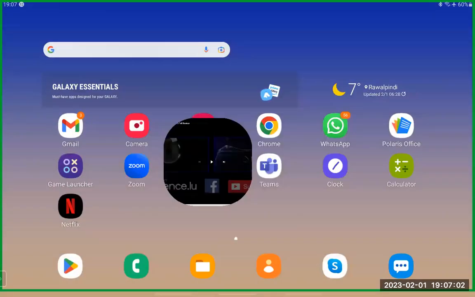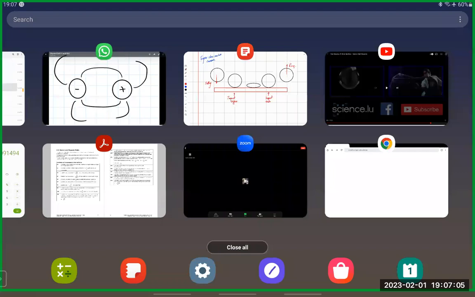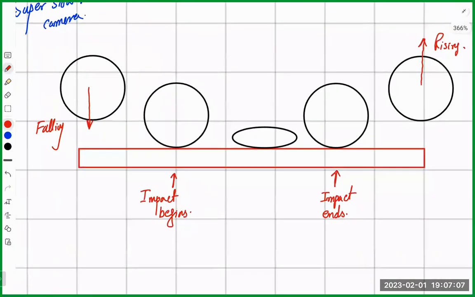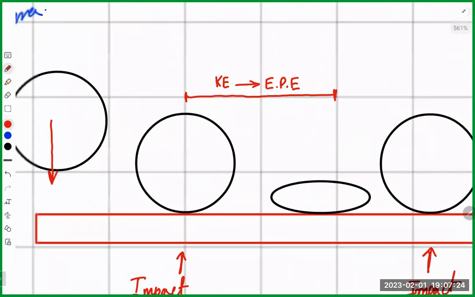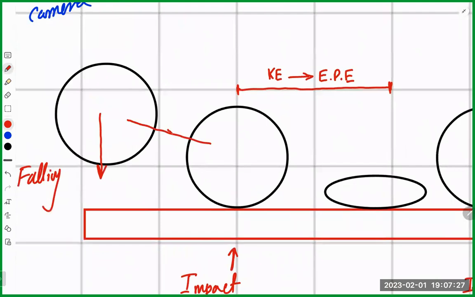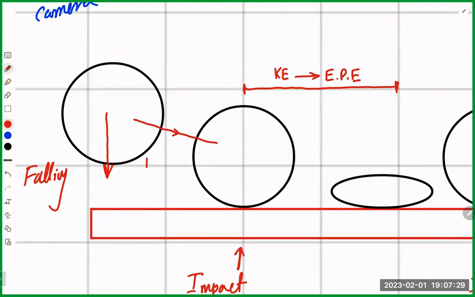Okay. So this is where the impact begins. This is the time when kinetic energy of the ball is converting into elastic potential energy. Remember, this is the time when gravitational potential energy was converting into kinetic energy.